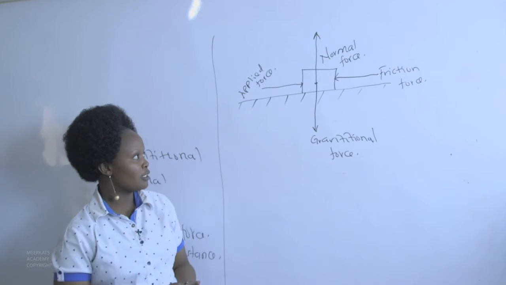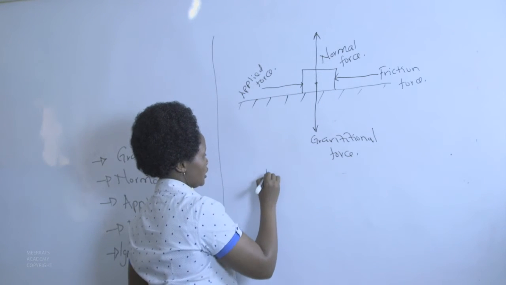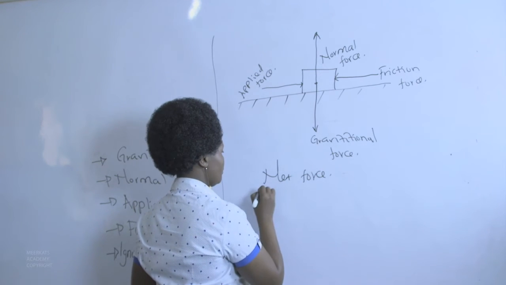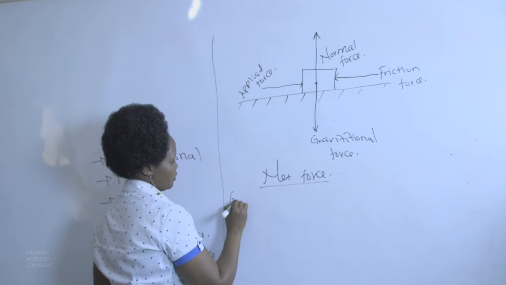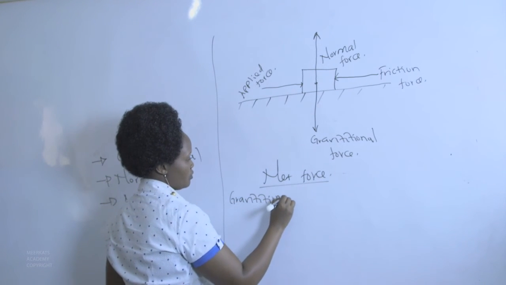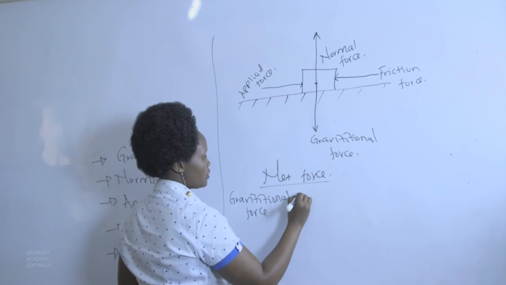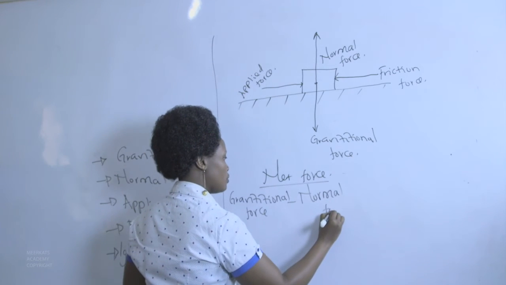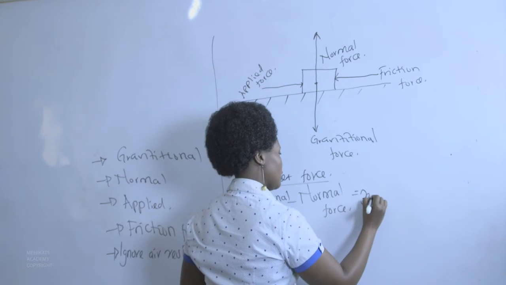forces are cancelling out. We go to the net force. We see that gravitational force, if you subtract the normal, will give you 0.